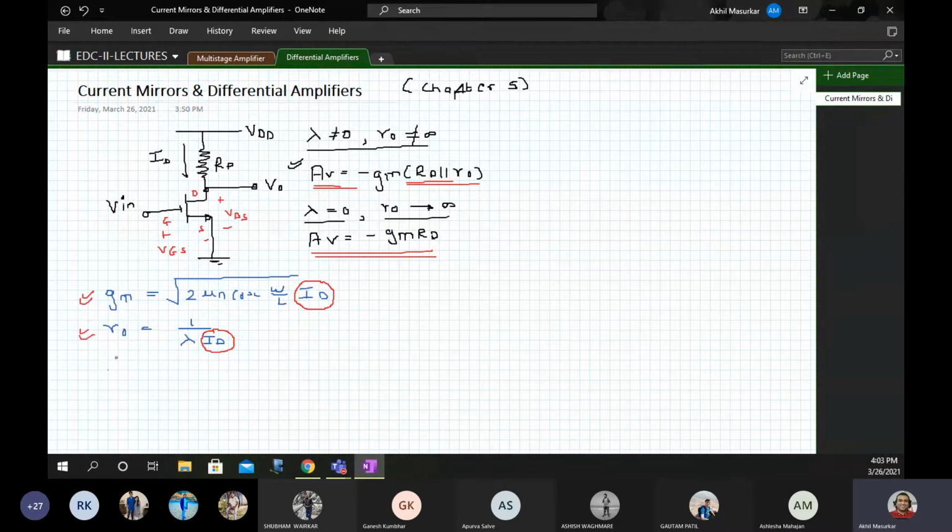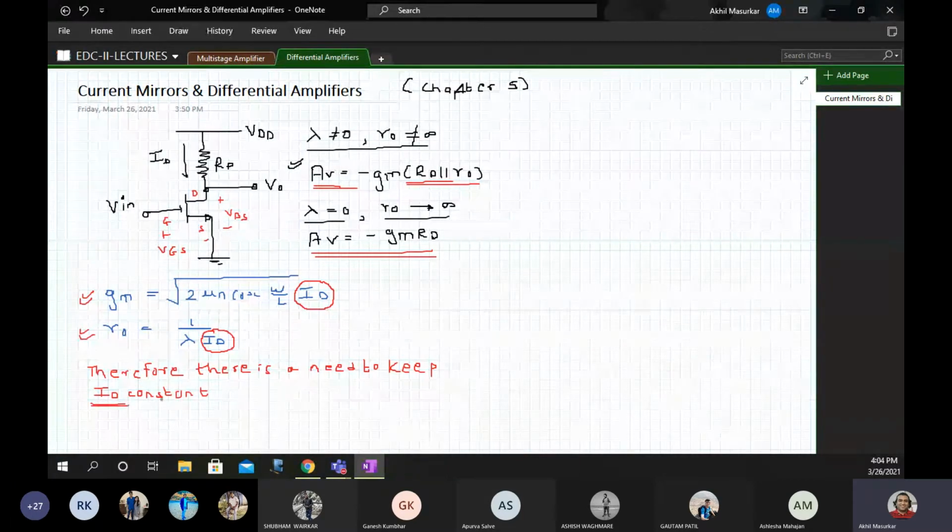Therefore, there is a need to keep ID constant, and this constant ID can be provided using something called constant current sources.